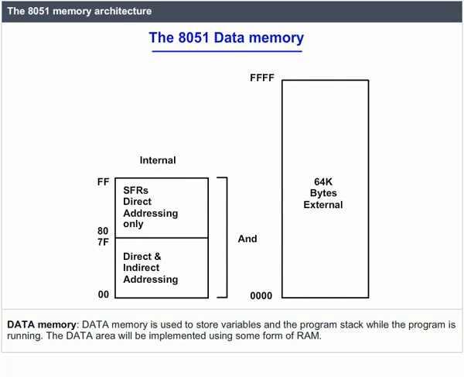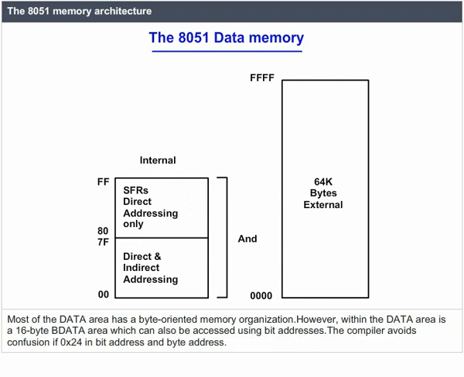The data area will be implemented using some form of RAM. Most of the data area has a byte-oriented memory organization. However, within the data area is a 16-byte area which can also be accessed using bit addresses. The compiler avoids confusion between bit addresses and byte addresses.